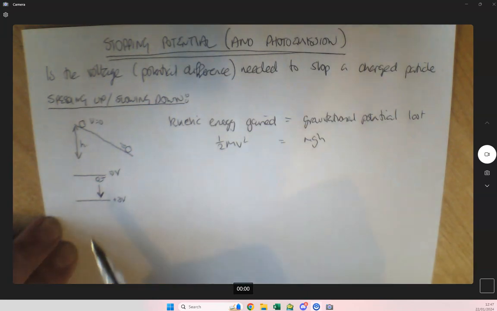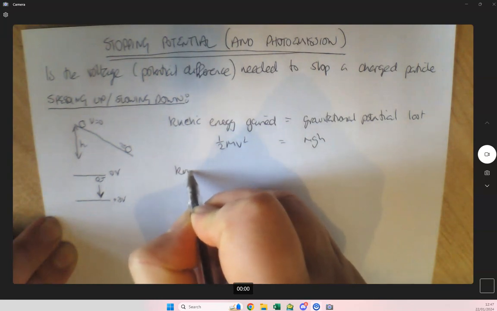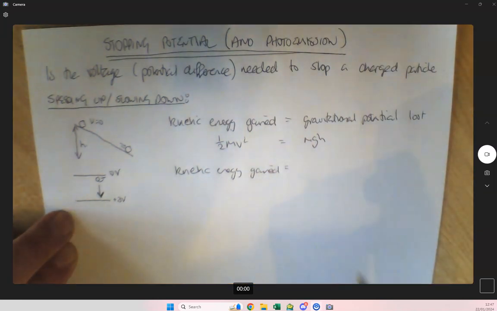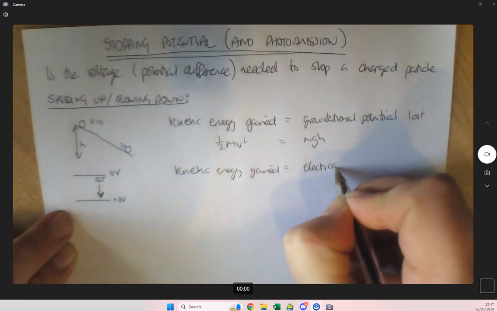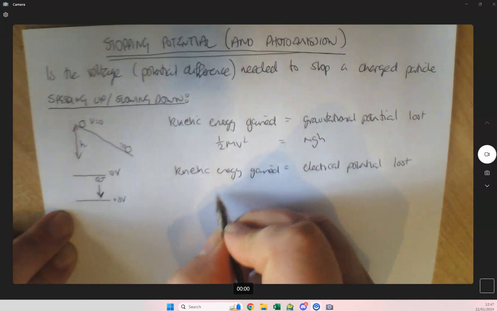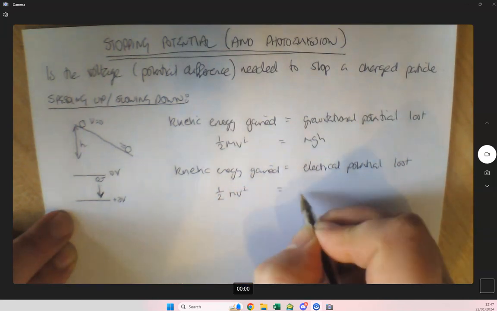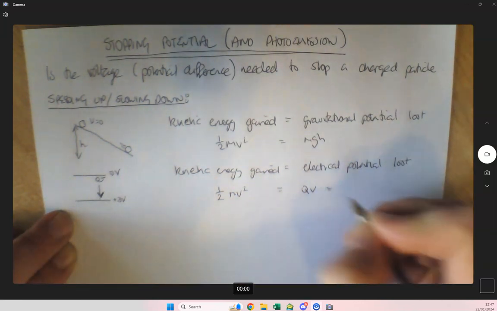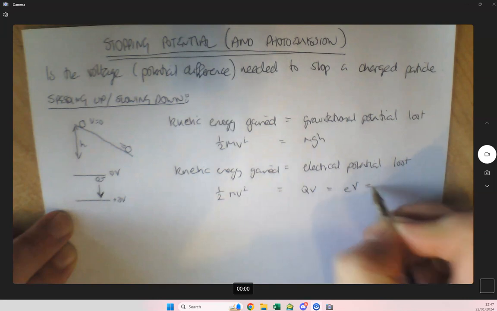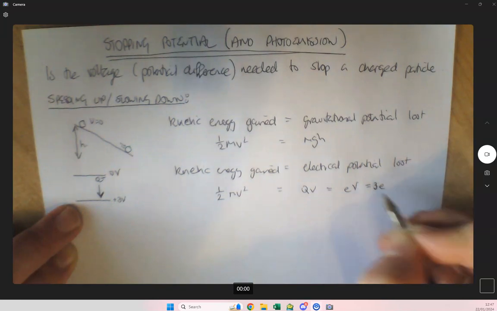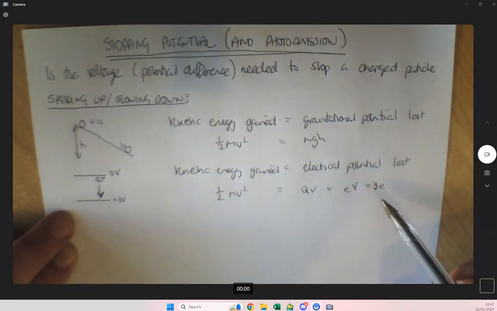In this case, it's exactly the same idea, but your kinetic energy gained is going to be equal to the electrical potential lost. So half mv squared is going to be equal to QV, but in this case I've got an electron, so it's actually going to be eV, or e times 3 volts, or 3e, in terms of the electrical potential energy lost, which must be equal to kinetic energy.